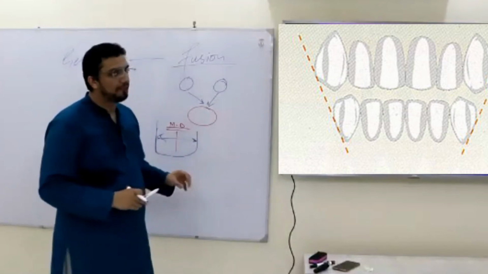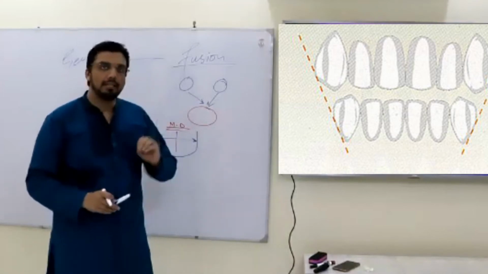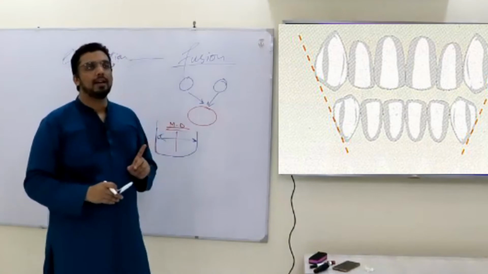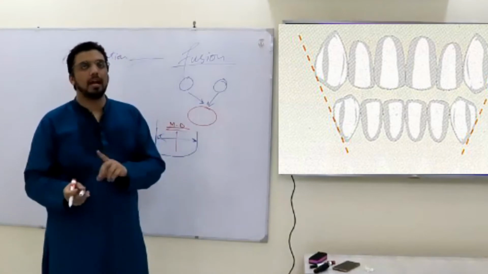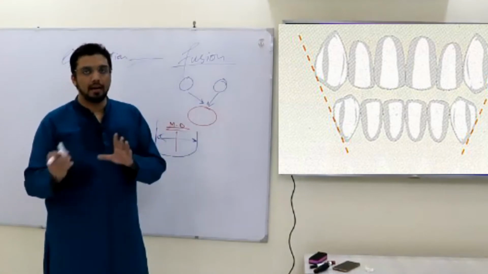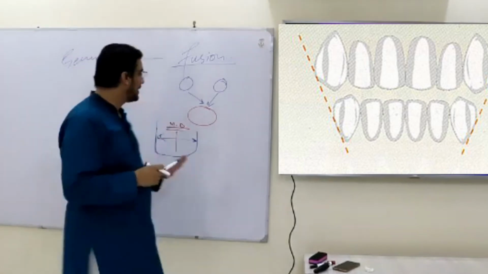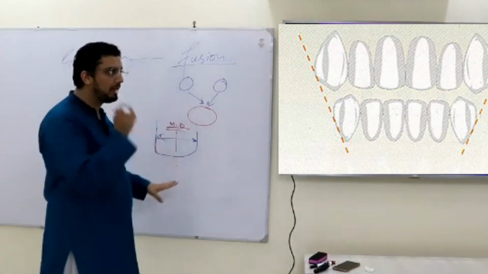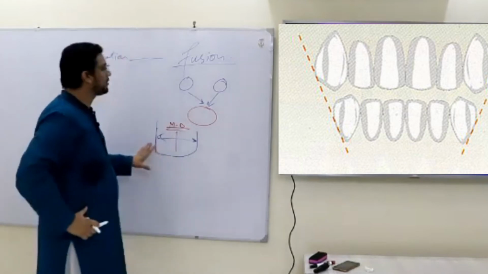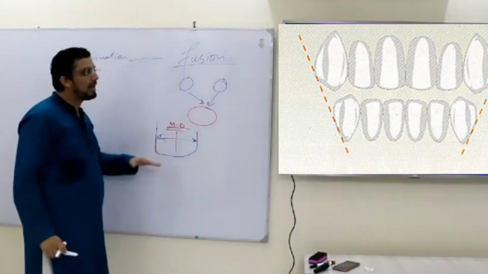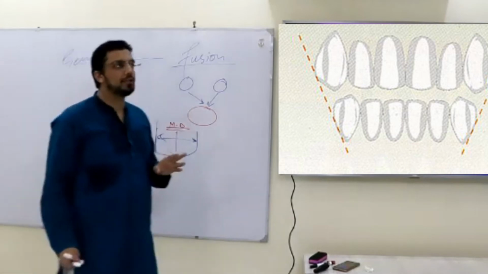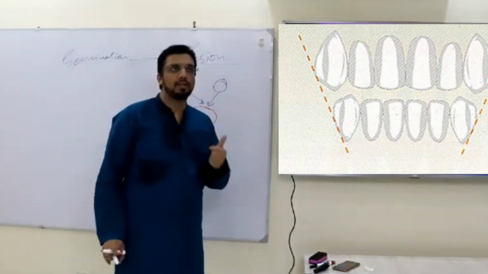In order to have the normal or ideal occlusion, you have to have a certain ratio between the upper teeth tooth mass and the lower teeth tooth mass. Without this normal ratio and proportion between the upper and lower teeth, you cannot have the ideal features of the occlusion like overjet, overbite, midline.